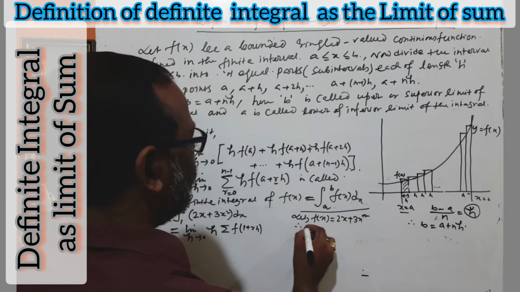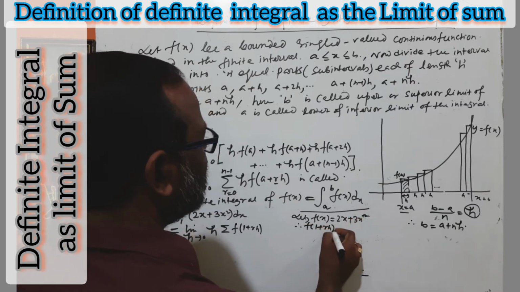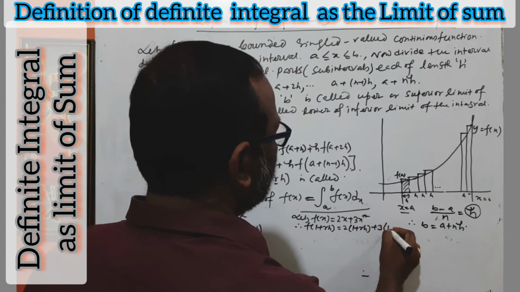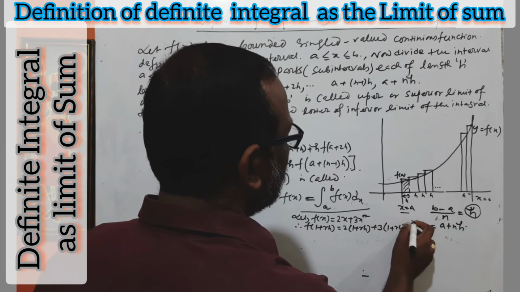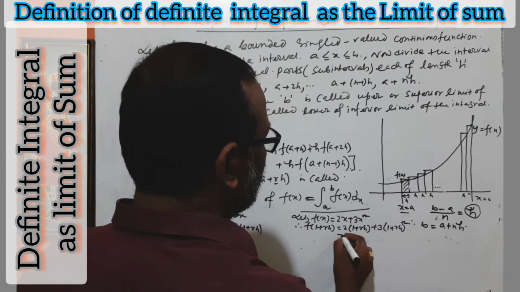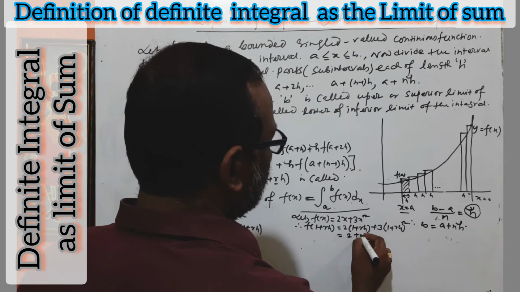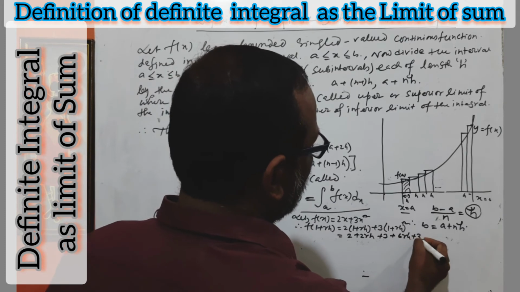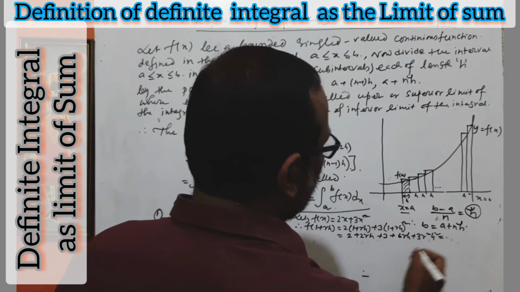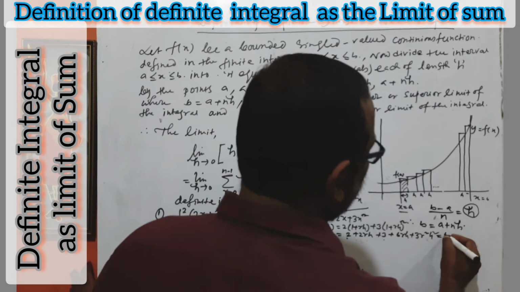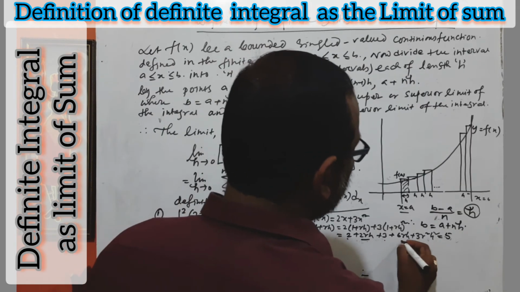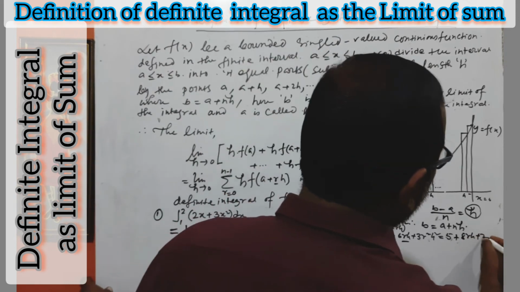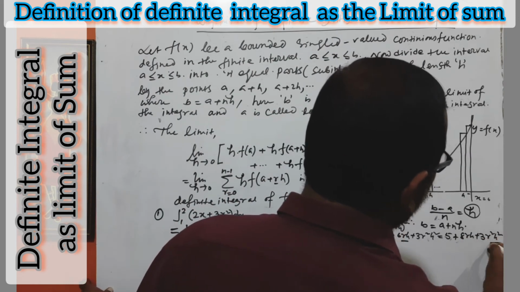So therefore f of 1 plus rh is 2 times 1 plus rh, plus 3 times 1 plus rh whole squared. This is 2 plus 2rh, this is 3 plus 6rh plus 3r squared h squared, and this is equal to 2 plus 3, this is 5, and 2rh and 6rh, this is 8rh, and 3r squared h squared.